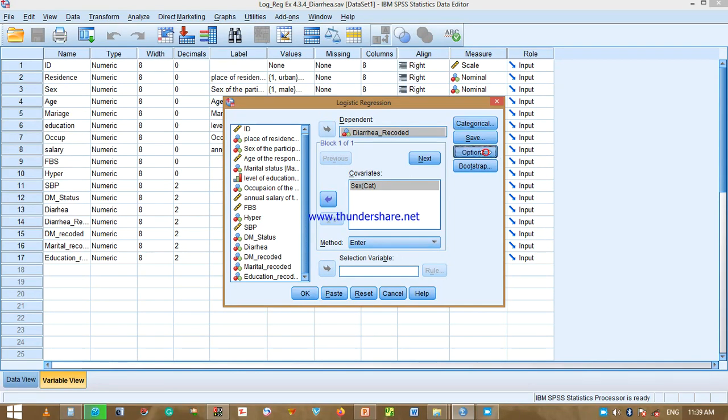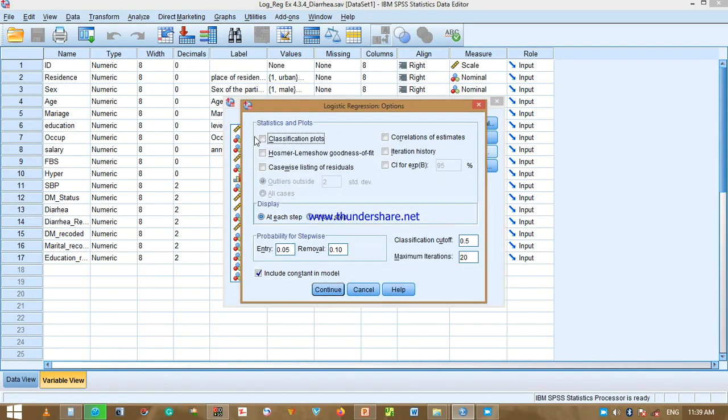Now we move to the options. In options, we have a classification plot, and we don't need the Hosmer-Lemeshow test because we have only one independent variable, but we have to check the confidence interval for exp(B).